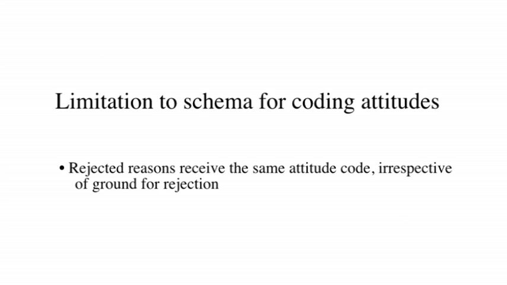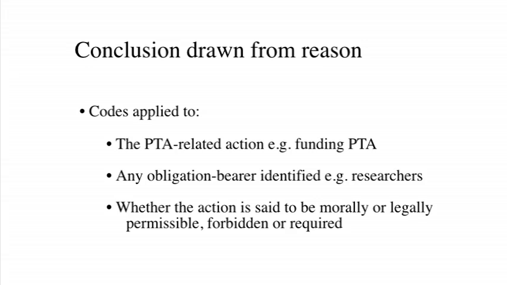I mentioned earlier that we decided to extract from each occurrence of a reason in a publication not just the broad and narrow type of reason, the alleged implication of the reason and the author's attitude to the reason, but also the conclusion drawn from the particular occurrence of the reason about whether or not post-trial access should be ensured.